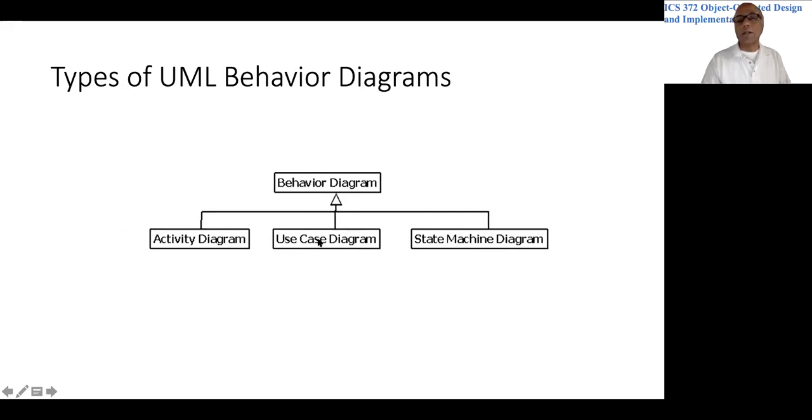So we'll have one case study which focuses on the use case diagram, how to capture requirements using this model, and the other one using the state machine diagram, or using what are called finite state machines to capture the behavior of a system. We will see what is applicable in a given situation. We will talk about all that when we do the class projects.